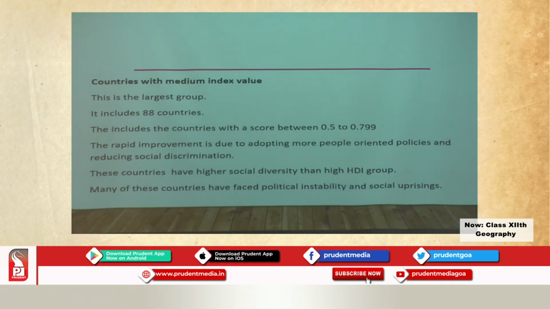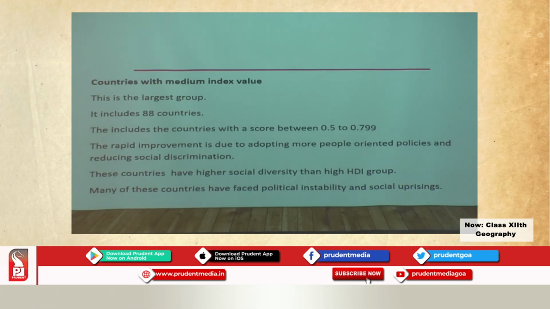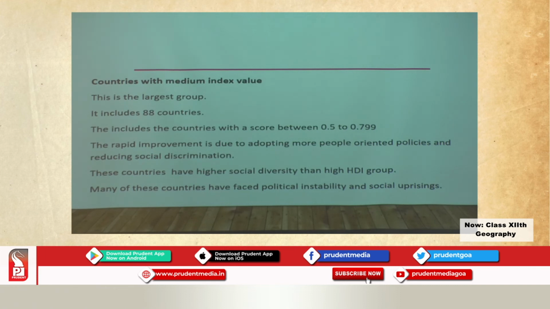Now, if you consider the social diversity and compare with the previous group, these countries have higher social diversity than the countries with higher human development index. So, social diversity is much higher than the previous group.